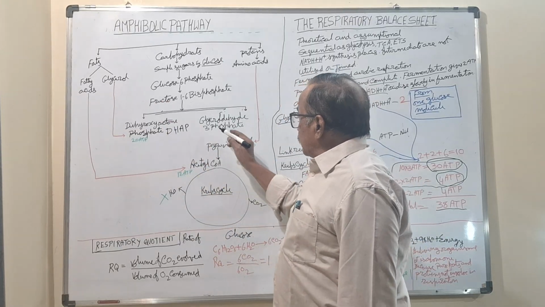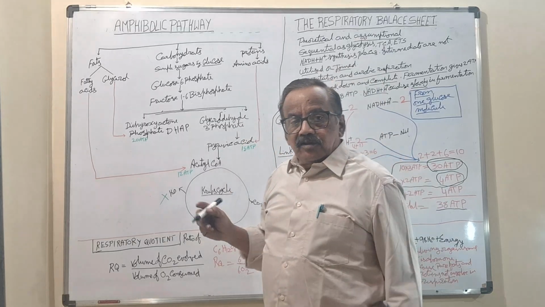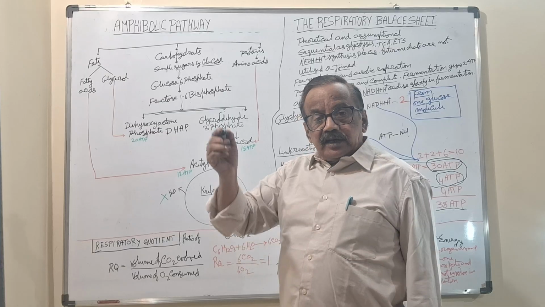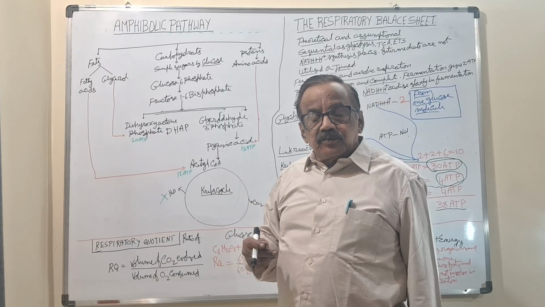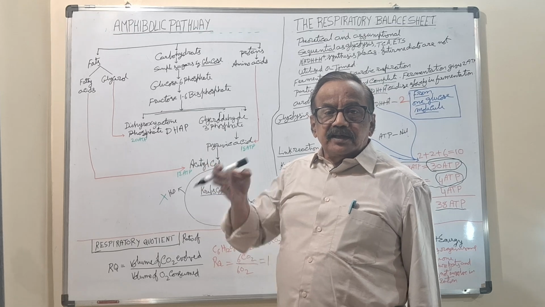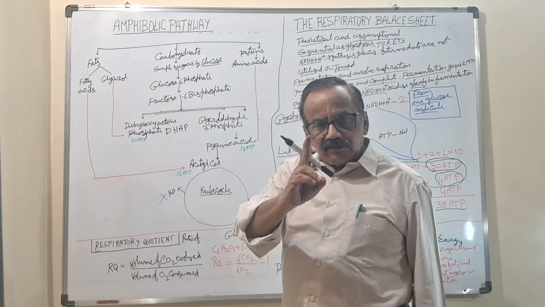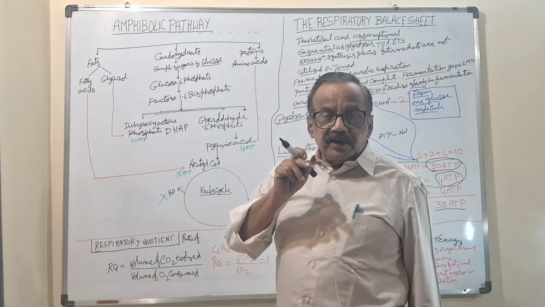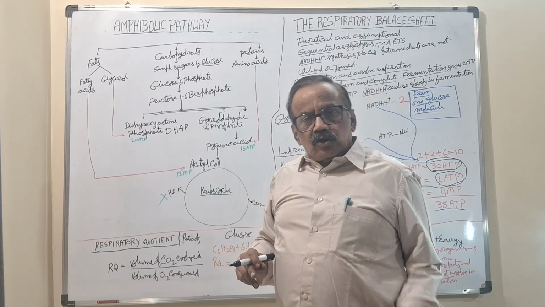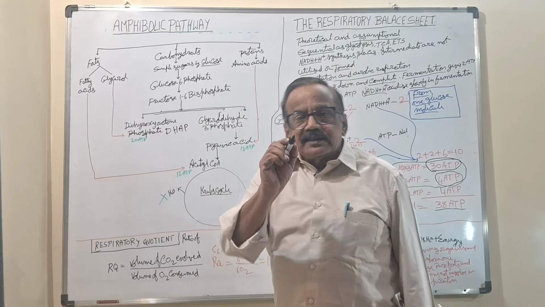Glyceraldehyde 3 phosphate will become pyruvic acid, and whenever it converts to pyruvic acid, it will produce 2 ATPs. When it converts to biphosphoglyceric acid, phosphoglyceric acid, at that time 1 ATP, and PEP, phosphoenolpyruvate to pyruvic acid, 1 ATP. So 2 ATPs are directly produced and 1 NADH is produced.